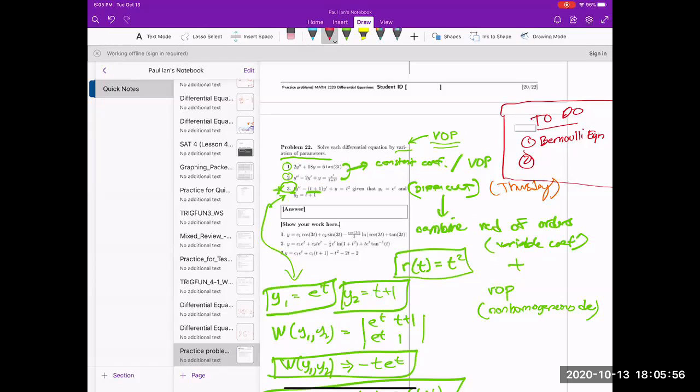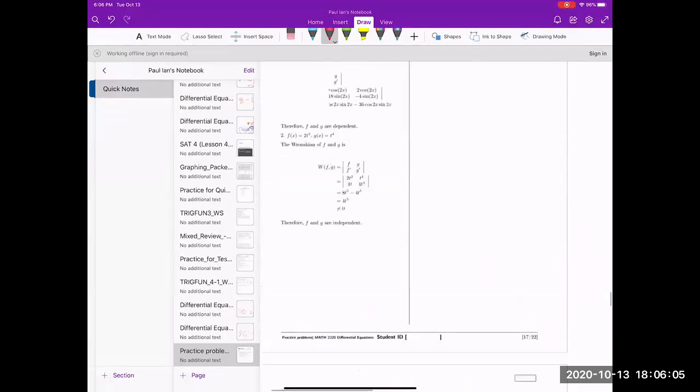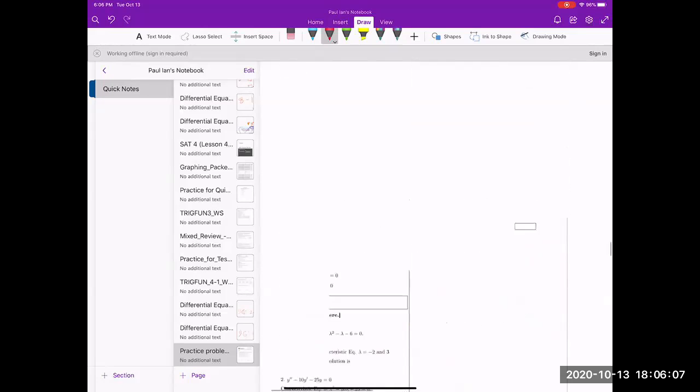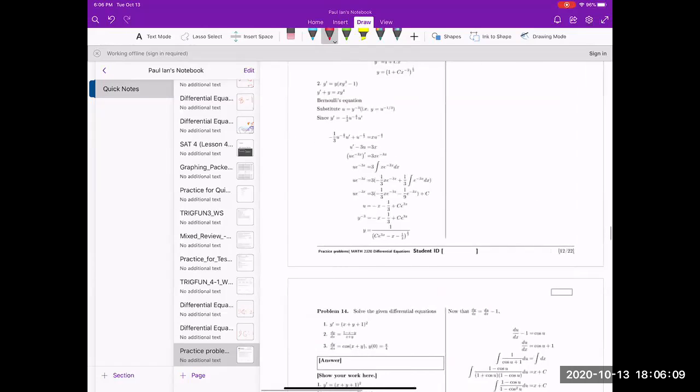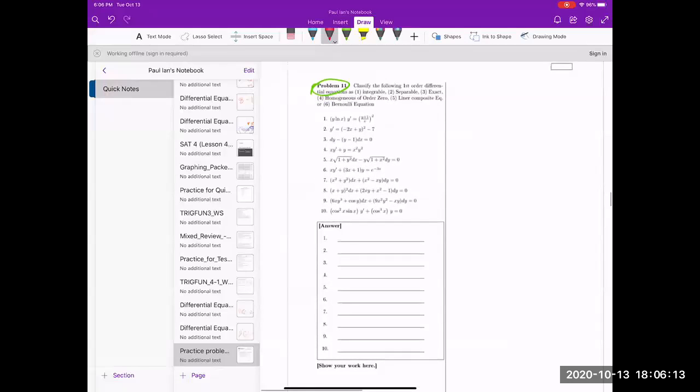There was one where the wording is a little weird. I know there was linear, nonlinear, then linear first or zero order, and this one right here. I circled it because I knew this one was going to come up. The Bernoulli one is just a form you have to look for.